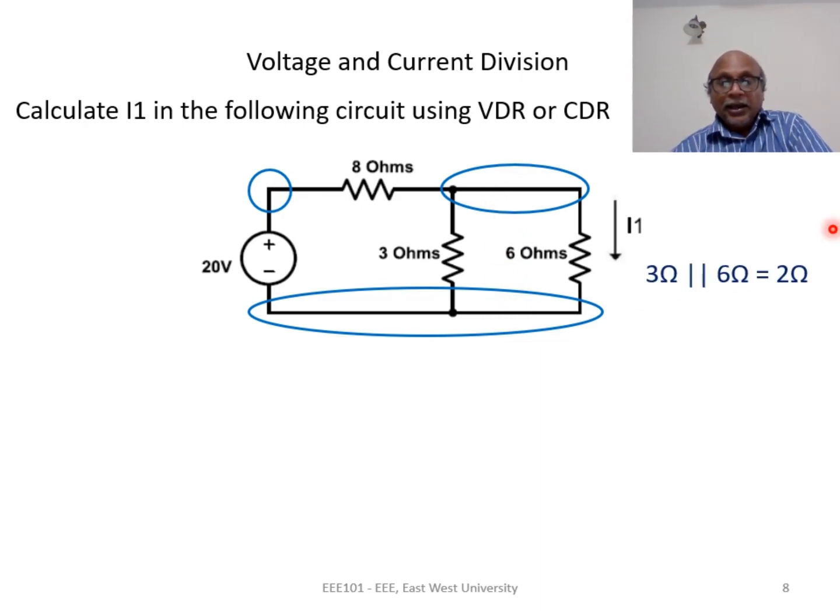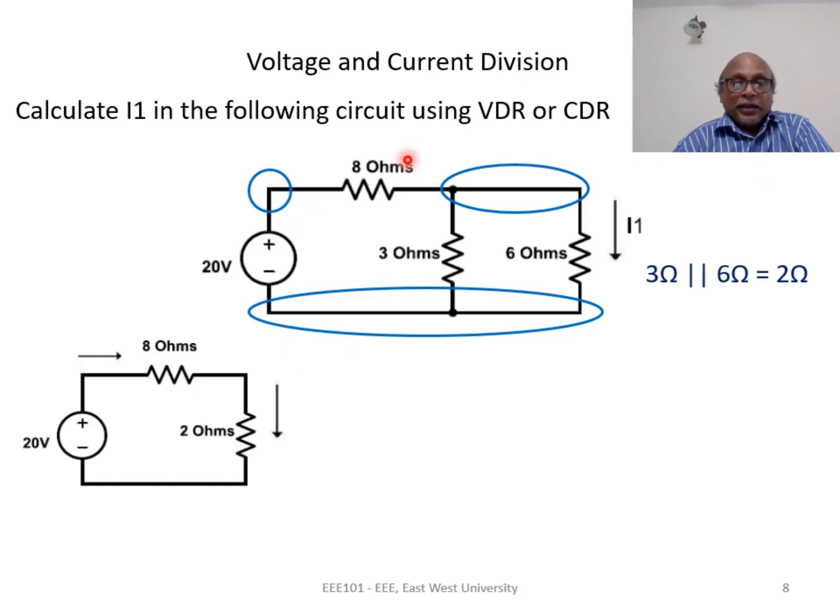If they are in parallel, we can combine them using the parallel combination rule, and the equivalent resistance of these two is 2 ohms. So we can simplify the circuit. The 8 ohms remains, the 20 volt remains, and the parallel combination of the two resistances is replaced by the equivalent resistance 2 ohms.